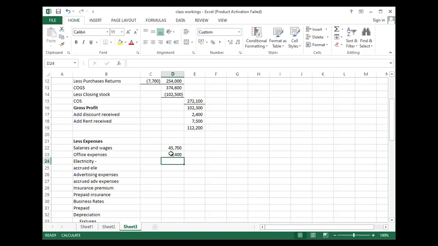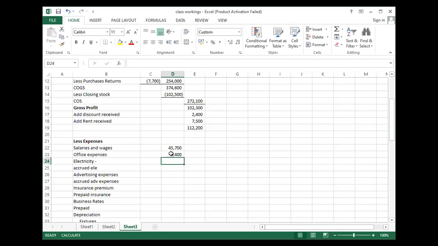Good. The next one is electricity. What amount is electricity on the trial balance? It is 1,600. Now go and look at the additional information and establish whether there is any amount relating to electricity.